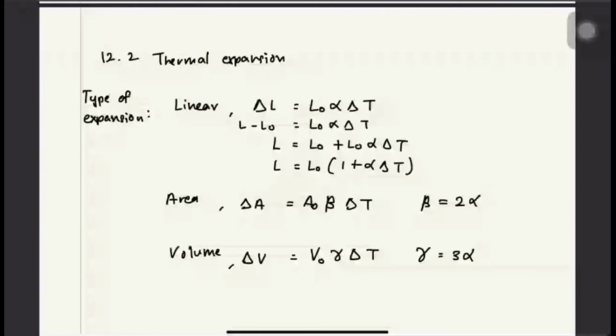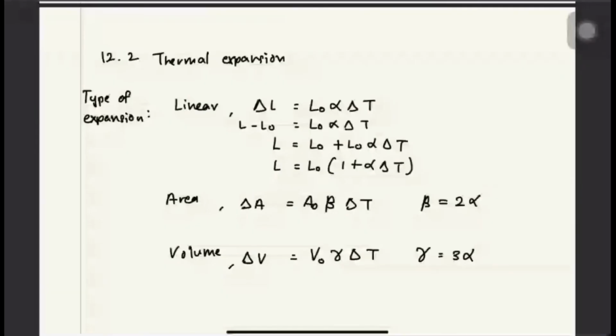Okay. And then I can use the same formula. I just change the symbol. It becomes A equals to A naught (1 plus beta delta T).